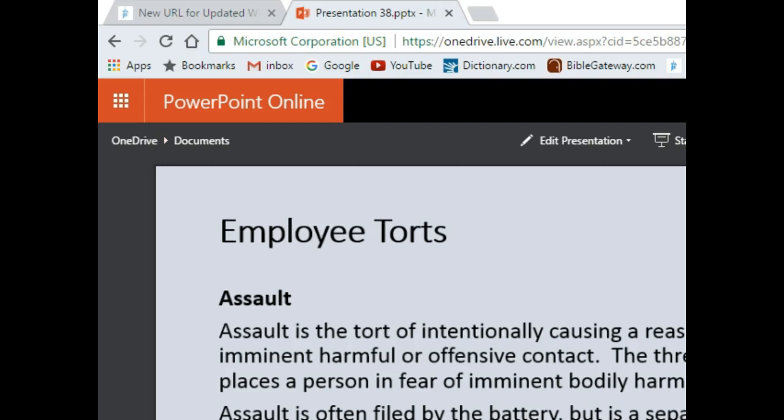Either can be present and part of the claim for damages. Now, you'll probably also recognize that these torts, assault and battery, can be crimes. Often they involve the same set of circumstances, the same conduct, but our focus is on the civil aspect, not the criminal application.